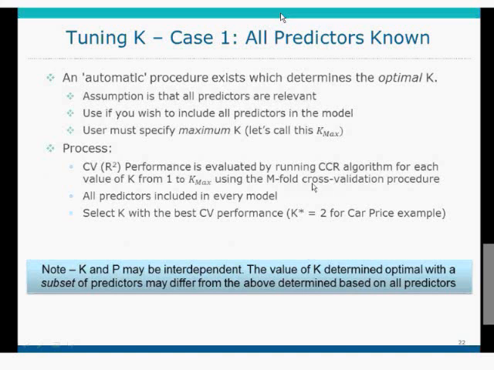Well, when you do M-fold cross-validation, you assign cases to one of M folds. So suppose M is 10. You have 10 folds, and you have 100 cases altogether. So the 100 cases are divided into groups of 10, so we have 10 cases in each fold.